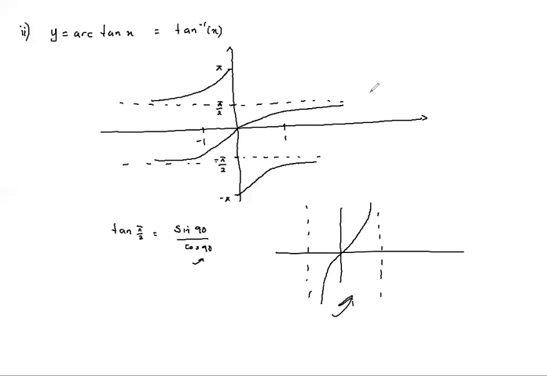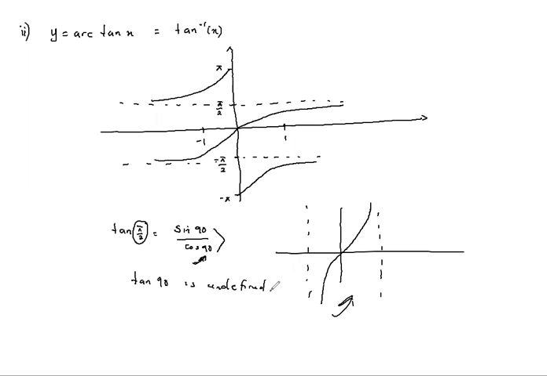Sir, how have you solved the sine 90 and cos 90 on the graph here? We haven't solved on the graph. We are saying since tan 90 is the same as sine 90 over cos 90, but cos 90 is 0, that tells us that tan 90 is undefined.